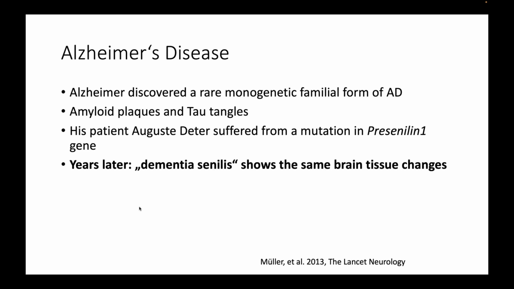Interestingly, therefore, Alzheimer had not found the sporadic Alzheimer's disease, which is the most common form, but another one. And only years later, people found out that the so-called senile dementia shows exactly or very similar brain changes and is therefore also part of the same disease family.